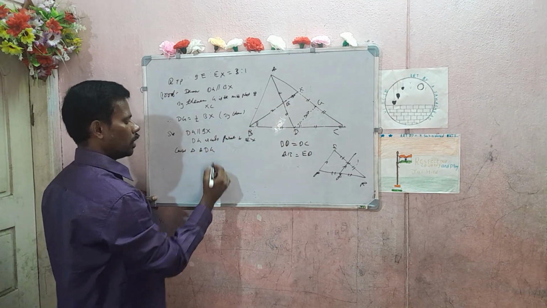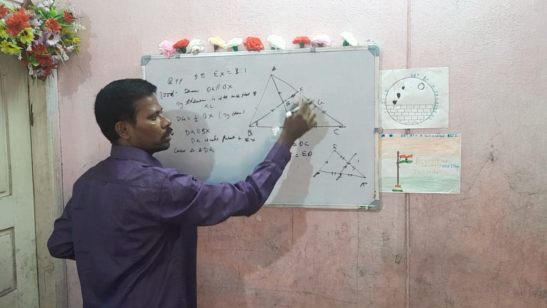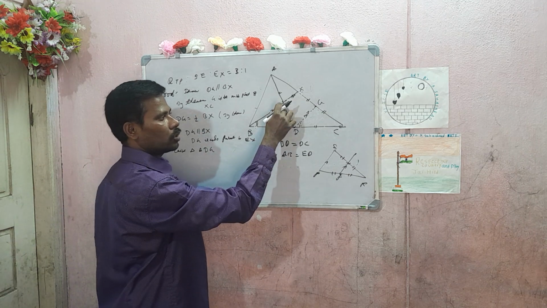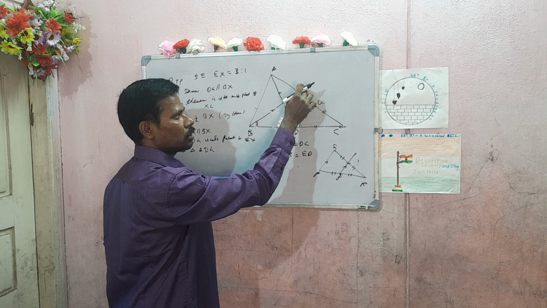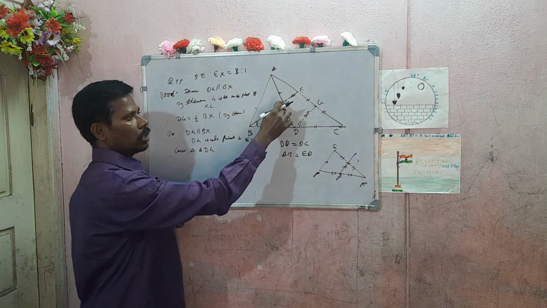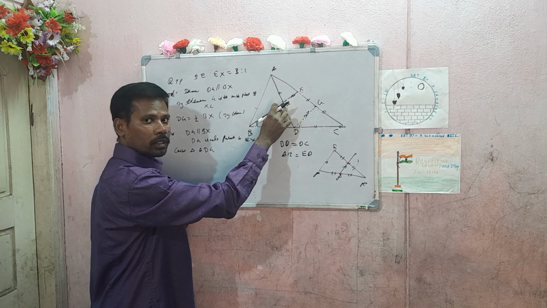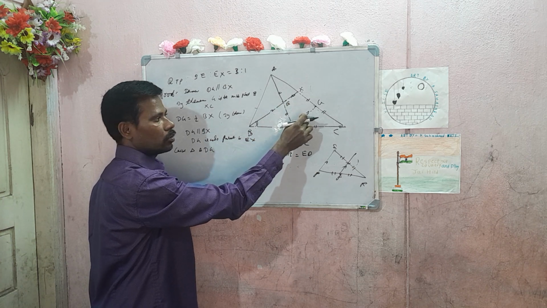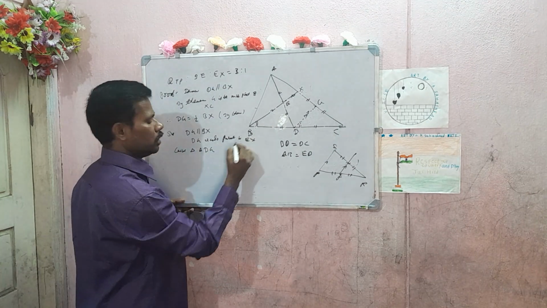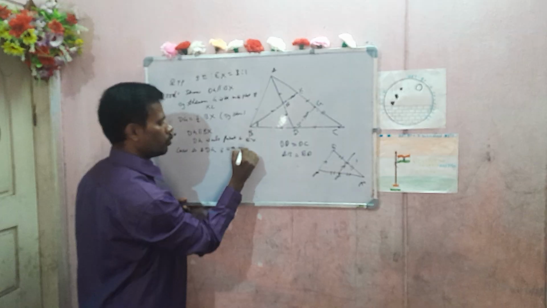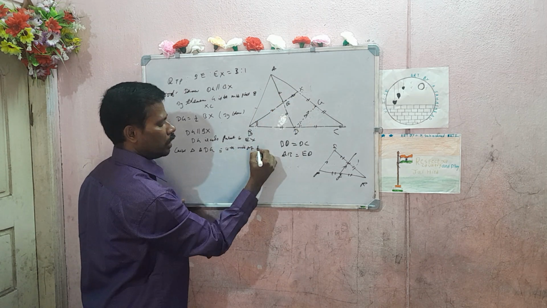In triangle ADG, E is the midpoint, already given, and EX is parallel to DG. If a straight line is drawn through the midpoint of a side of a triangle parallel to the base, it bisects the third side. Therefore, considering triangle ADG, E is the midpoint of AD.